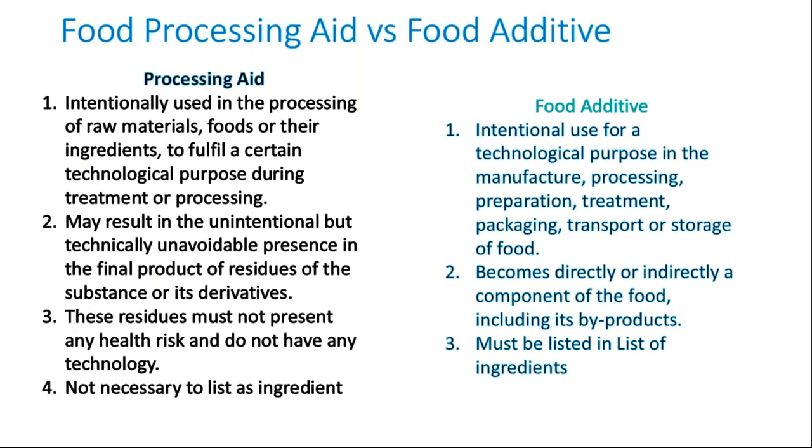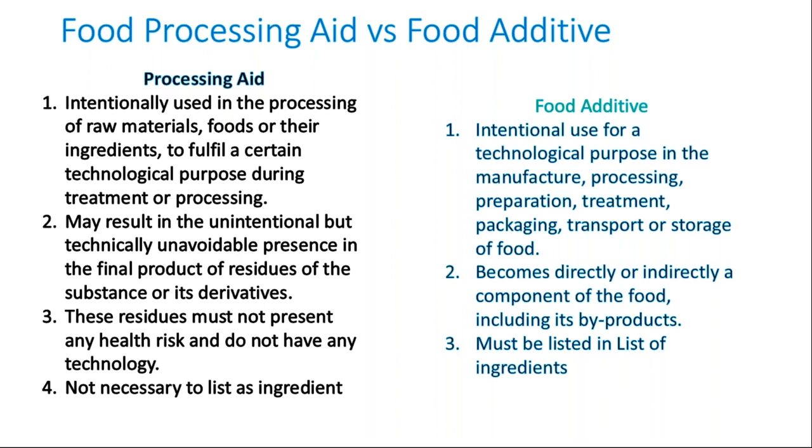So, the difference between a food processing aid and a food additive. The processing aid is intentionally used in the processing of raw material to fulfill a technological purpose. It may result in the unintentional and unavoidable presence in the final product. These residues must not present any health risk, and they need not be listed in the list of ingredients.